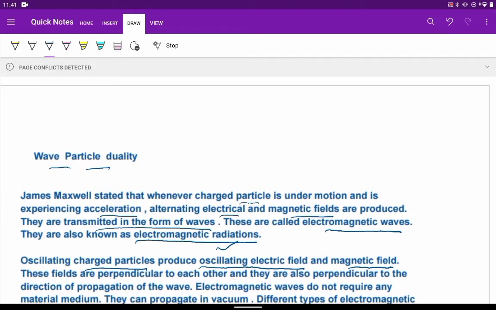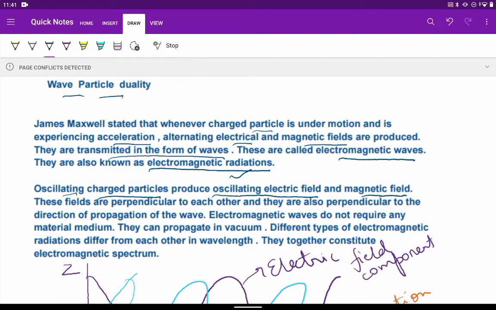The charged particles, when they are oscillating, will produce an oscillating electric field as well as an oscillating magnetic field. These fields are perpendicular to each other and they are also perpendicular to the direction of wave propagation.